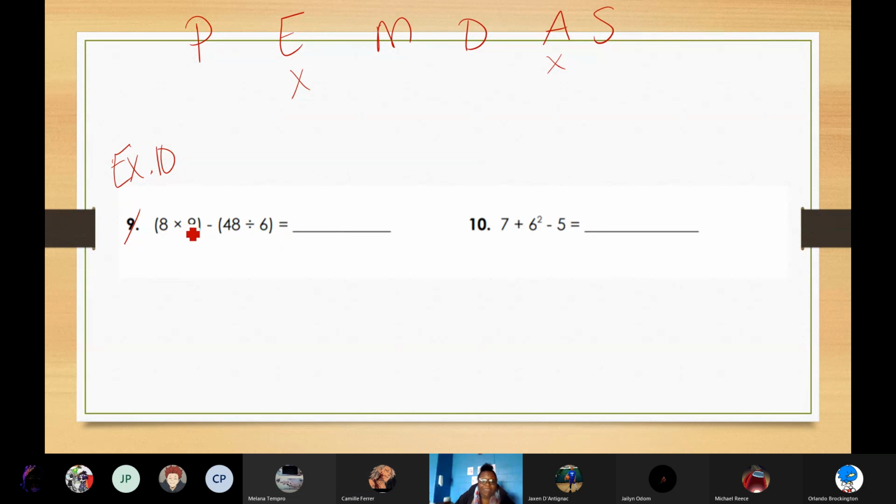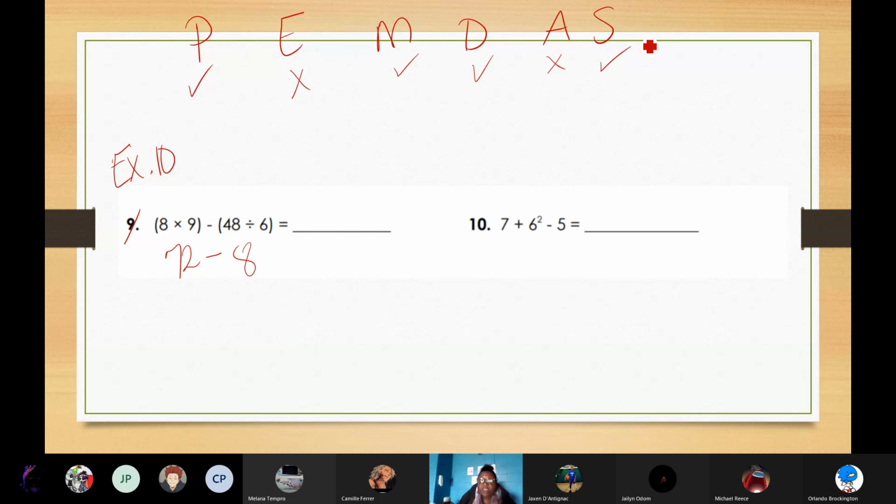So 8 times 9 is what? 72. And 48 divided by 6 is what? In other words, 6 times what will equal 48? 8. Very good. And now we've done what's in our parentheses. We've done our multiplication. We've done our division.